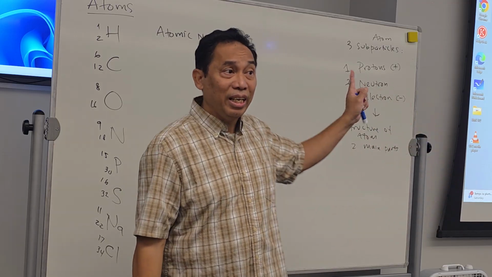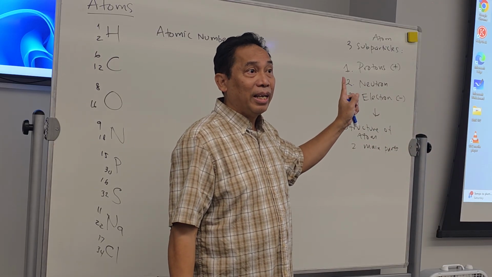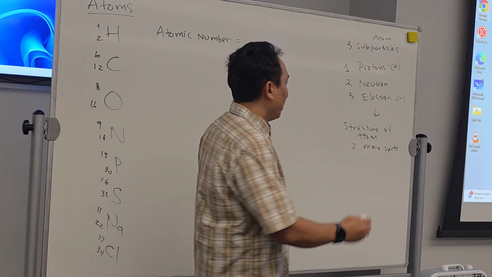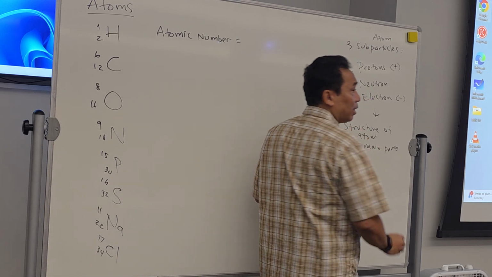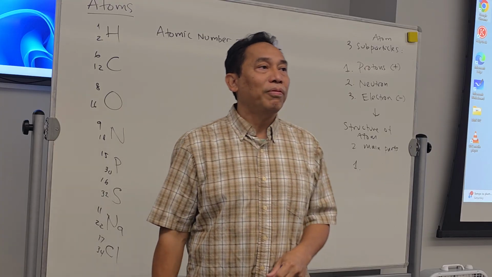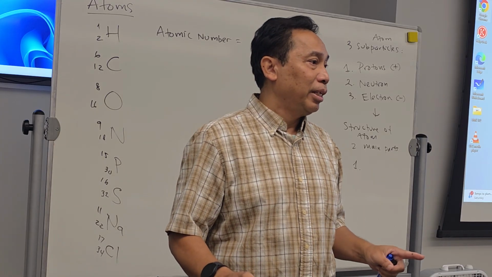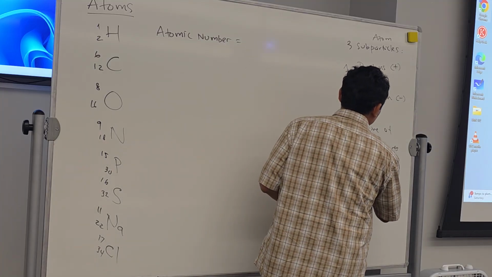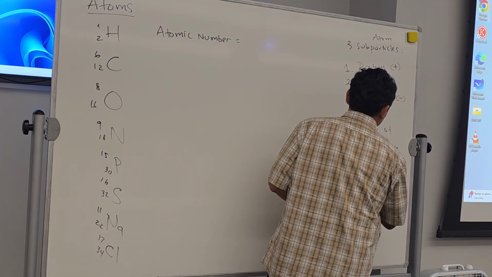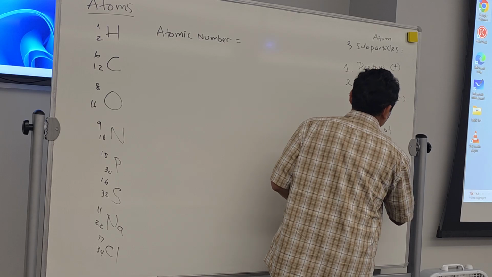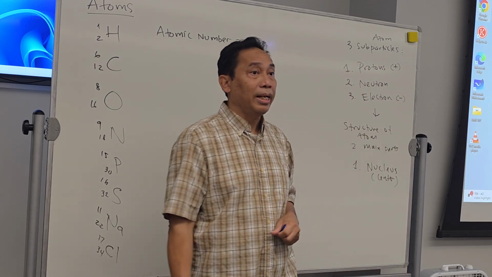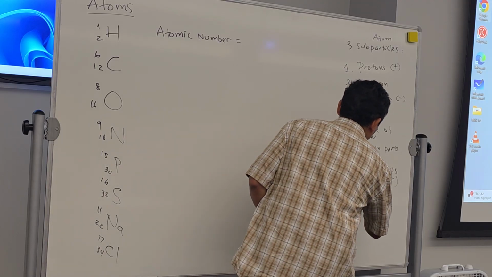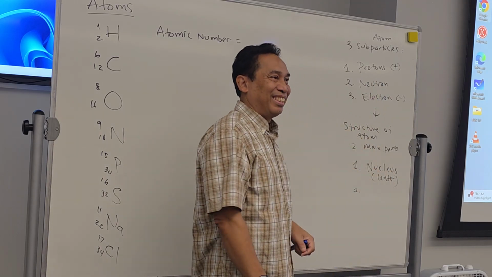It has 3 subparticles and 2 main parts. The first one is the center of an atom. It is called the nucleus. The atom has a nucleus, which is the center. Get it? And the second part will be outside the nucleus.